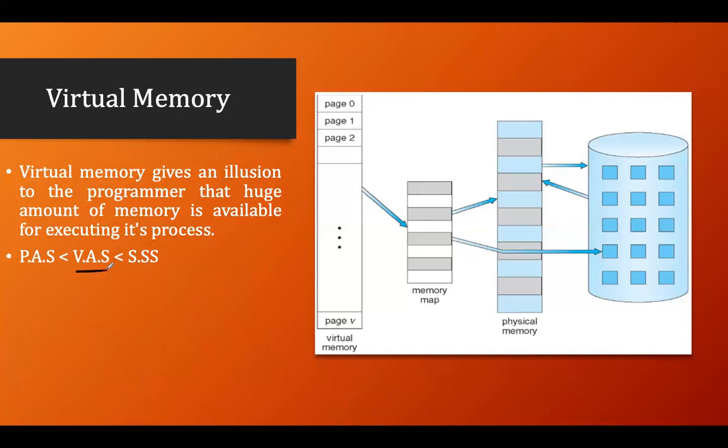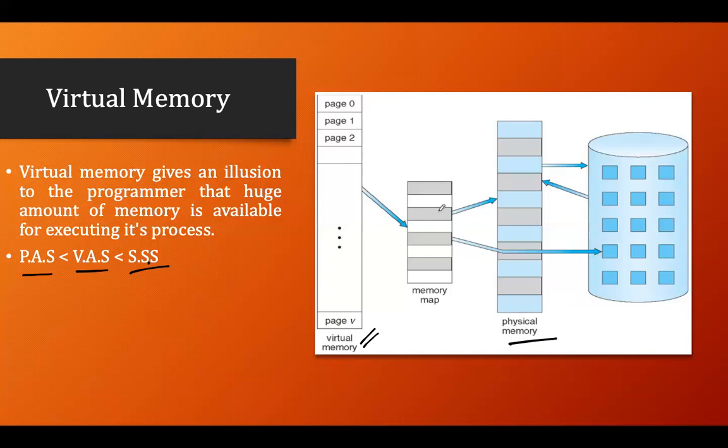Virtual address space is more than the physical address space, but it is limited to the secondary storage space. If you see this, the virtual memory allotted to a process is this much, and it is very much less than the physical memory or physical address space. And this particular virtual memory is part of the secondary storage.